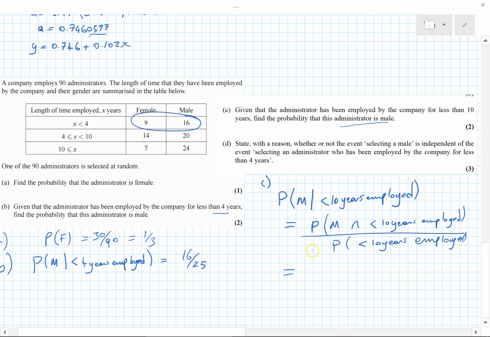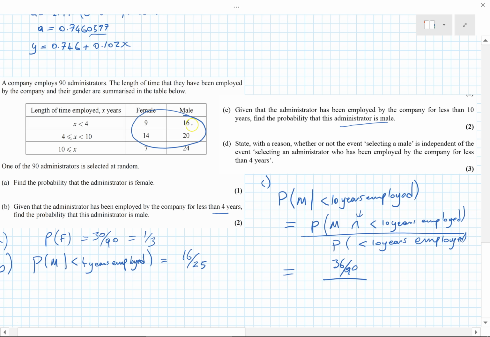Well, the probability that they're both less than 10 years employed and male is a combination of those two, so that's 36 out of 90, divided by the probability of them being less than 10 years employed, which is the total of these out of 90.